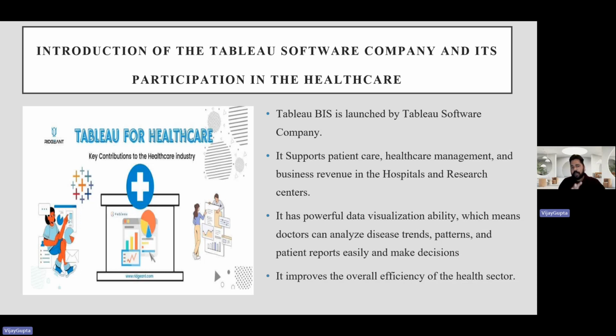So Tableau is a business intelligence system, and it plays an imperative role in the healthcare industry because it collects the information of patients, analyzes it, and then presents these reports in the form of graphs or visual information so that doctors or experts can analyze that information very well and treat the patients by reading those reports.